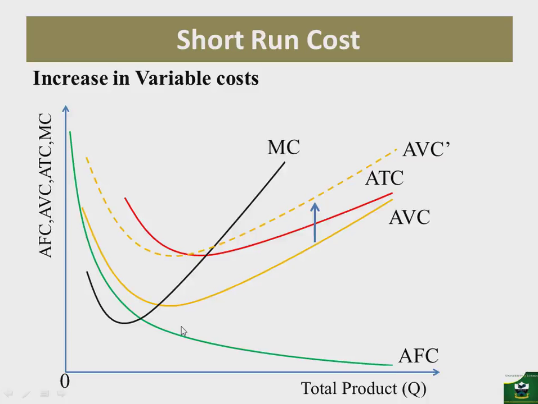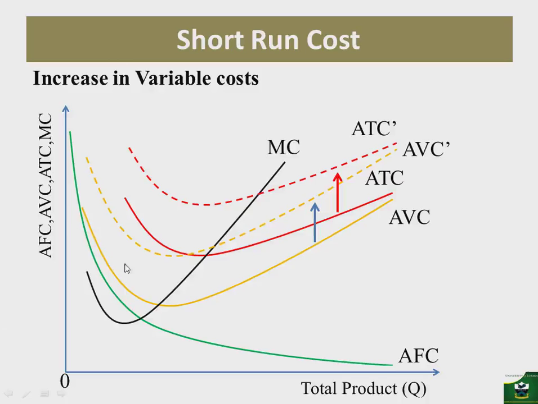From the equation that total cost is equal to the total fixed cost plus total variable cost, and that the average total cost is equal to average fixed cost plus average variable cost, an increase in the average variable cost will increase the average total cost, but it will leave the average fixed cost unchanged. This means that our average total cost curve will also shift upwards to the new line, which is average total cost prime.